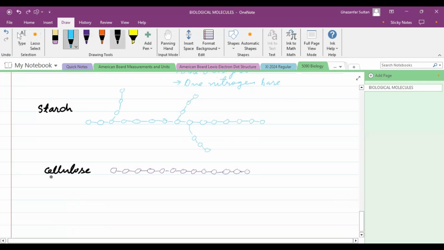And for glycogen, glycogen has branches, and there are many branches. They are compactly branched.